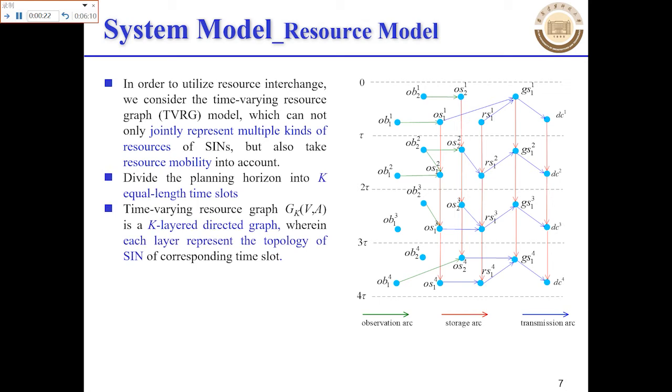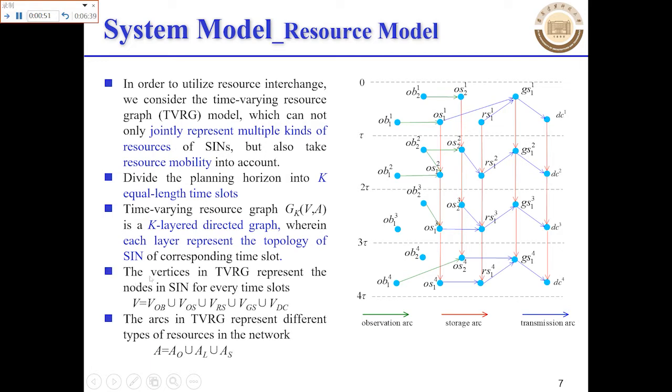To construct the TVRG of SRN, we need first to divide the planning horizon into K equivalent time slots. Then the time-varying resource graph is a K-layer directed graph, wherein each layer represents the topology of SRN for the corresponding time slot.